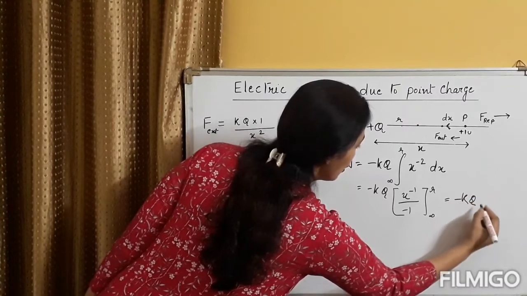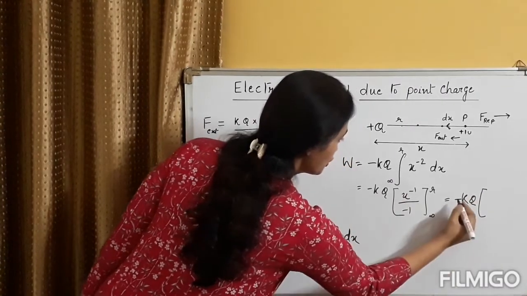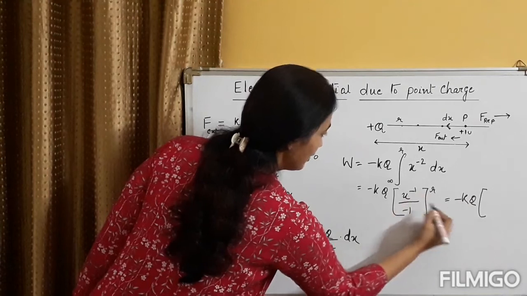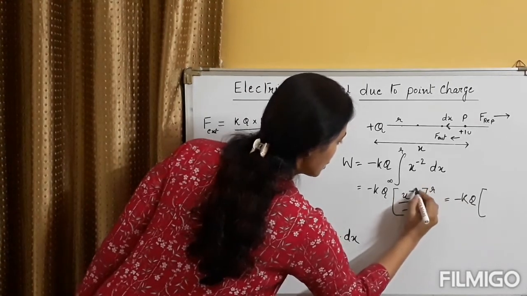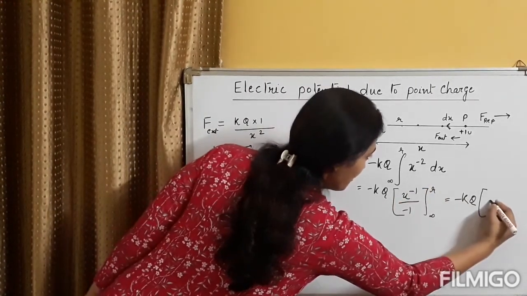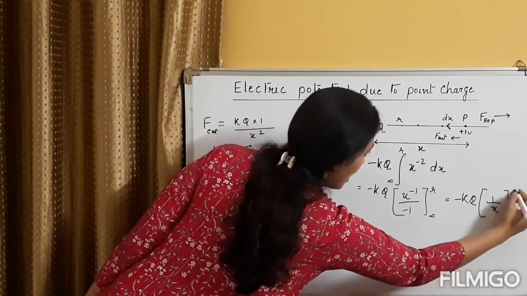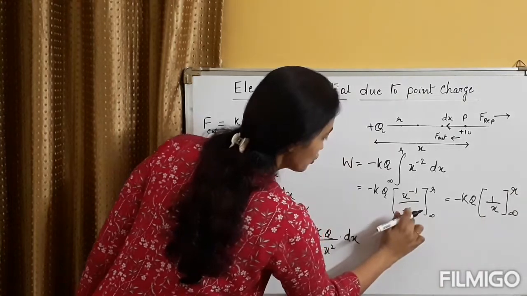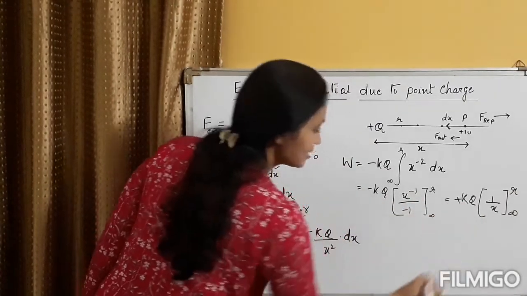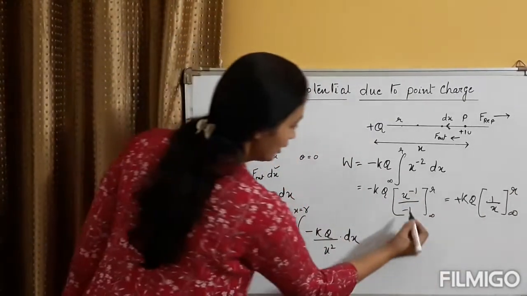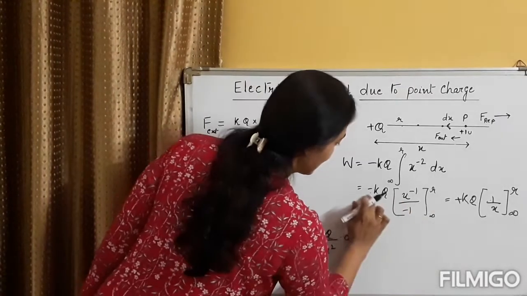Minus kq, and x to the power minus 1 will give me 1 by x, with limits infinity to r. This minus 1 and this negative sign get cancelled, so it becomes plus kq.